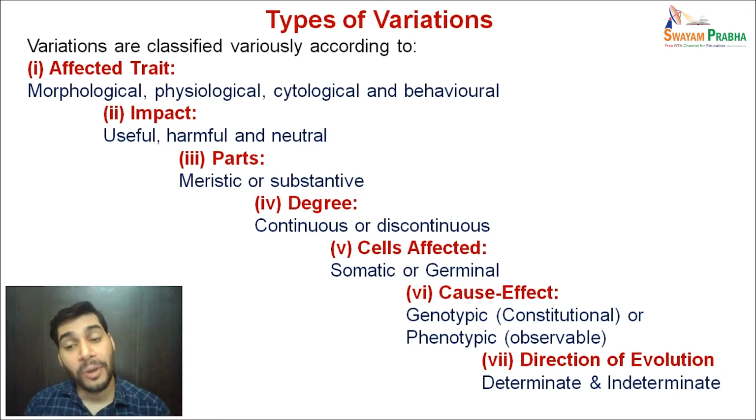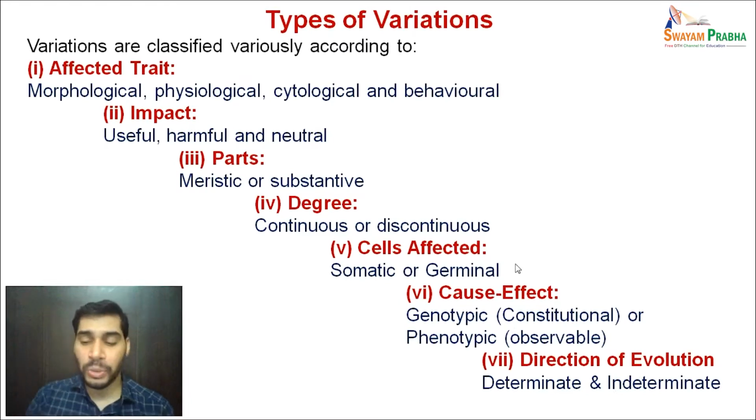Then you can also have determinate or indeterminate variation depending on whether the direction of evolution is fixed or not fixed as such. So depending on the parameter, we can discuss different kinds of variations.